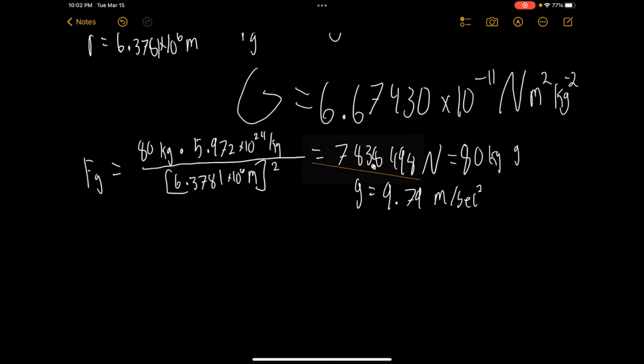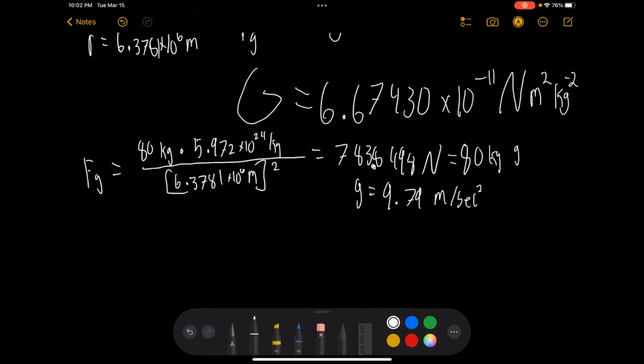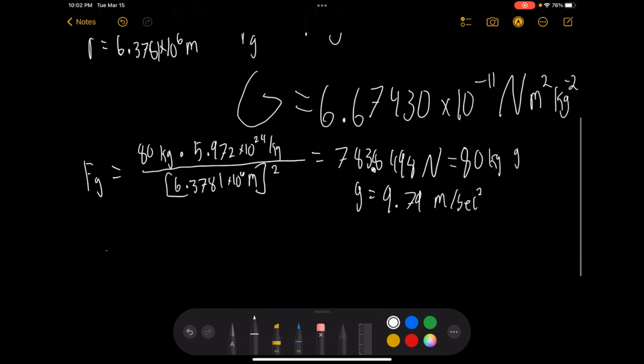Primarily speaking, it will be independent of the mass of a person. Why is this? So let's change F of g to some absurd value. Let's change the mass from 80 kilograms to 100,000 kilograms. Let's write this down here.